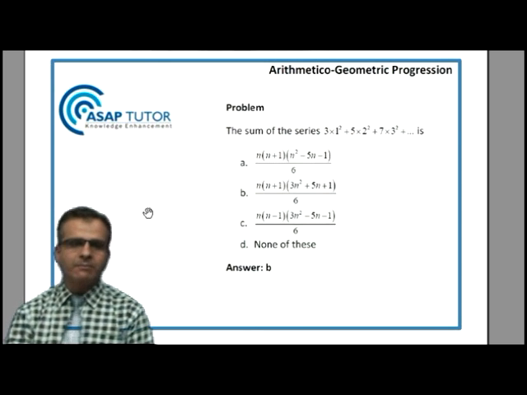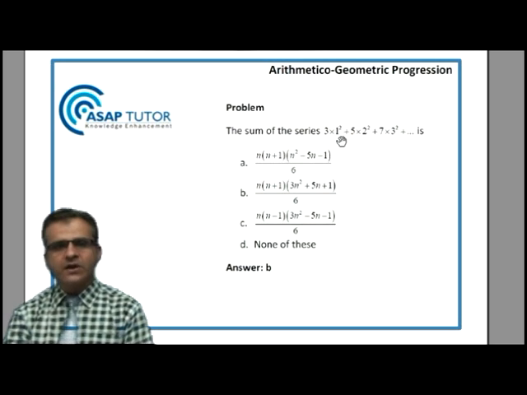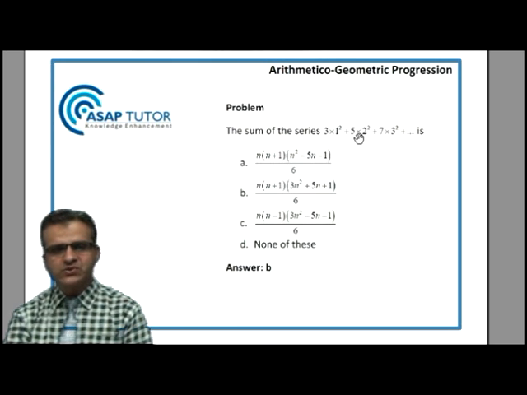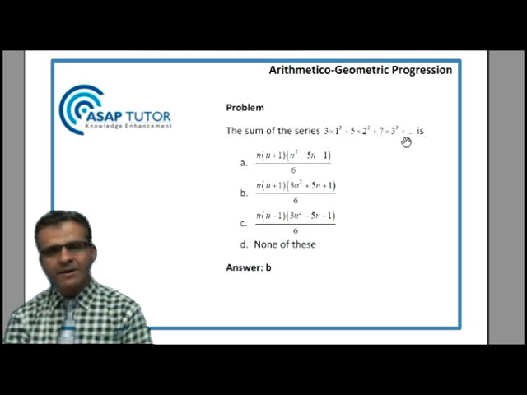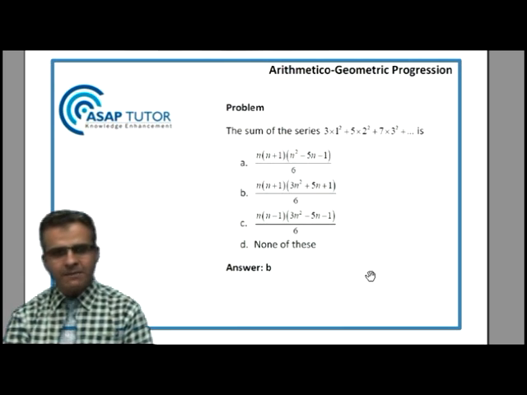Now let's take one problem: find the sum of the series 3 into 1 square plus 5 into 2 square plus 7 into 3 square and so on. Here the correct option is B. This is an AGP where 3, 5, 7 are in arithmetic progression, and 1 square, 2 square, 3 square, here also we have 1, 2, 3 in arithmetic progression, and we have to find the square and then the multiplication of the two terms.